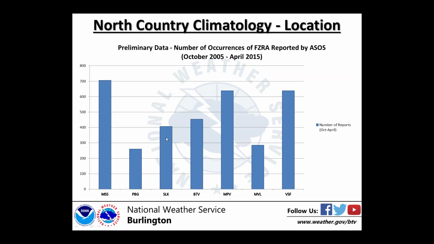Then Saranac Lake and Burlington climb back up, with Montpelier and Springfield actually tying at about 639 reports, and this is just every time that observation system reports freezing rain. And in between Montpelier and Springfield, Vermont, Morrisville is more along the lines of Plattsburgh.